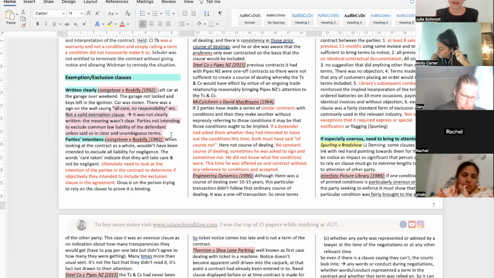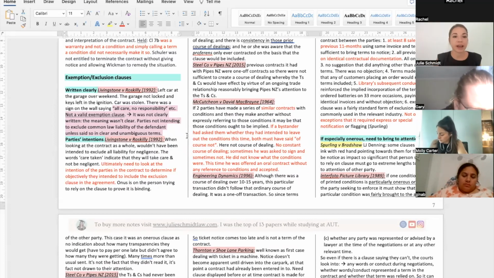Like all care, no responsibility. So it's like, cool, you're going to take some care, so you're not going to be negligent because you're saying you're taking care. Anyway, the courts were just like, hey, look, if you're going to exempt yourself from liability from negligence, you've got to be clear about it.